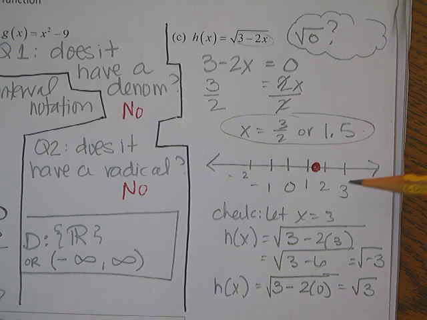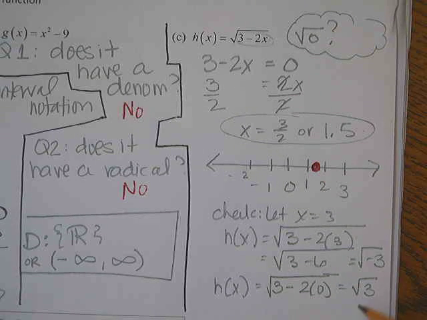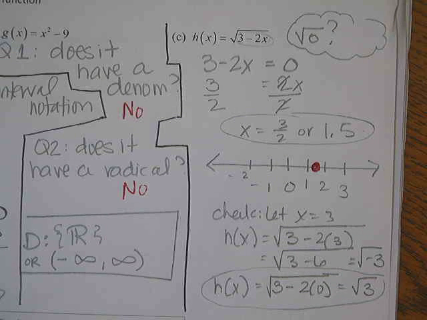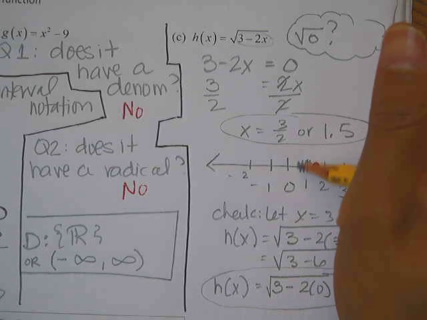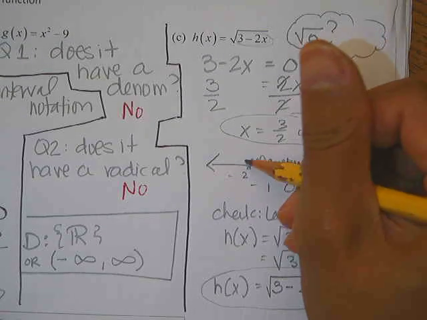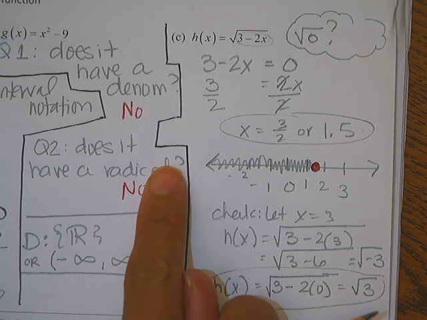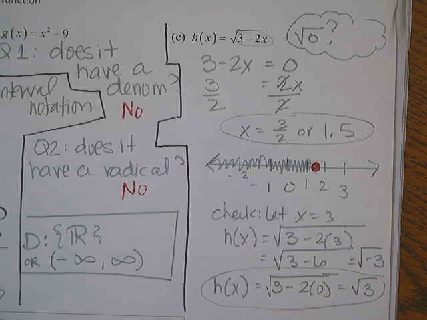So if I pick values on the left, notice how it comes out positive, which is what we want. Therefore, we are going to shade in on my number line this way, okay? So my domain is -infinity to 1.5. That's how I'm going to write my answer.